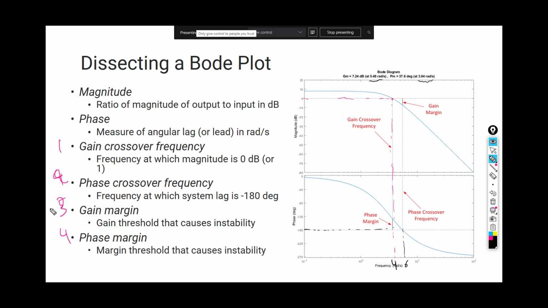Third characteristic is the gain margin. And also how we learn the gain margin, how to find the gain margin. Remember from last time, we said to find the gain margin, you need to go to minus 180 and go up and take this distance from here to here in decibel, and this will be your gain margin.